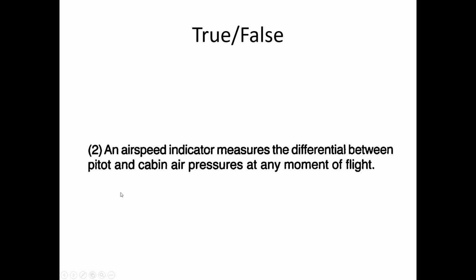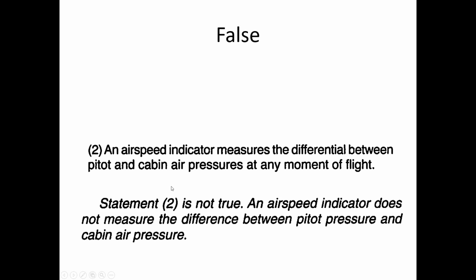What's the second one? An airspeed indicator measures the differential between pitot and cabin air pressures at any moment of flight. So no, that one is not true because of the cabin. I think you could start to see a trend here in the type of questions that they're asking.